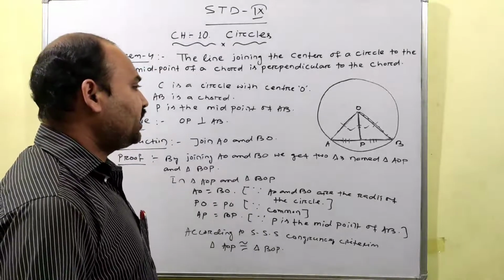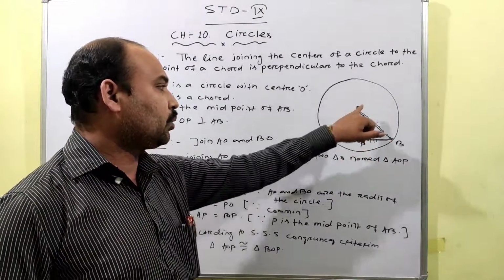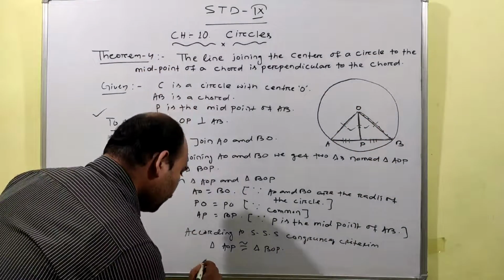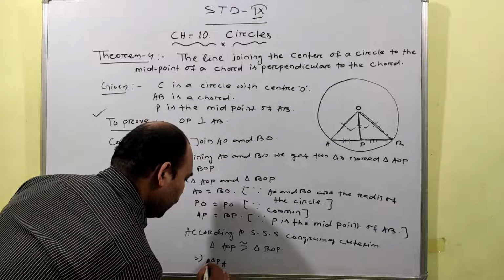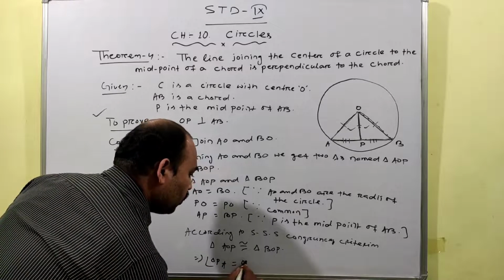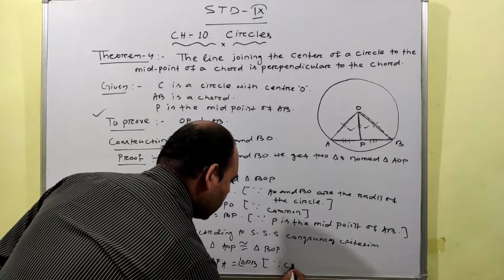So according to CPCT, we will get that APO or OPA angle equal to OPB angle. So that implies OPA angle equal to OPB angle by CPCT.